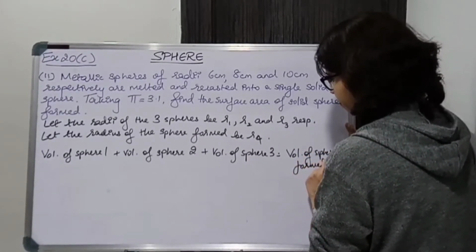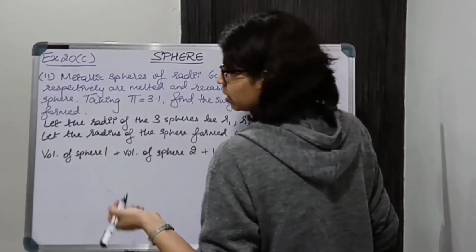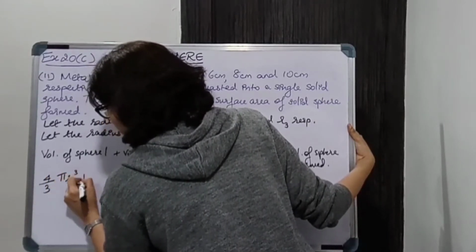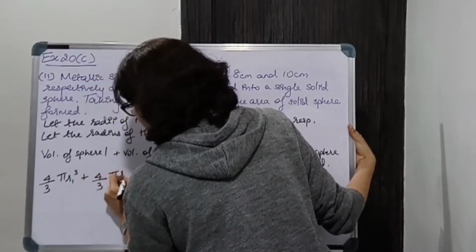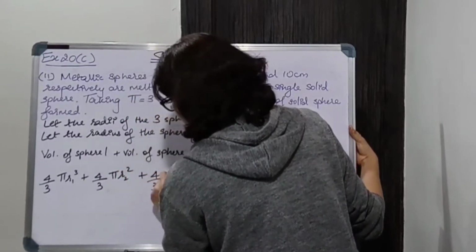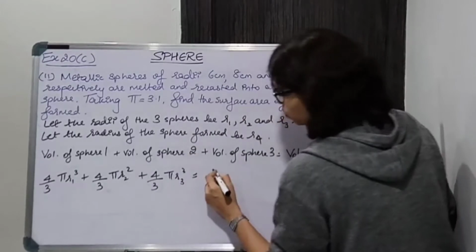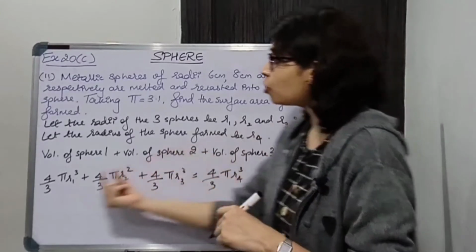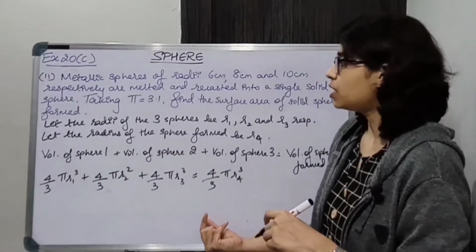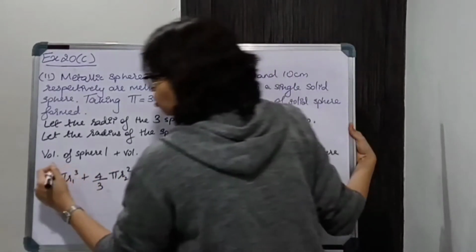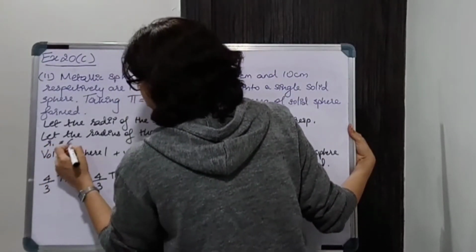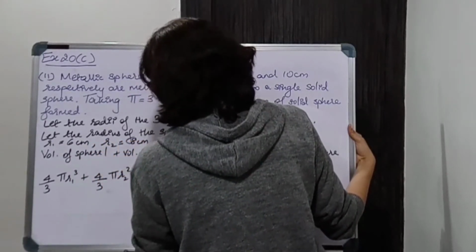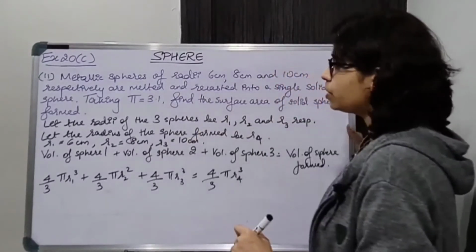So we'll substitute the volume formula, that is 4/3 pi r1 cube plus 4 by 3 pi r2 cube plus 4 by 3 pi r3 cube is equal to 4 by 3 pi r4 cube. I have not written down the radius values. You have to write down the radius value. So r1 is equal to 6 centimeter, r2 is equal to 8 centimeter and r3 is equal to 10 centimeter. I forgot to write the values.